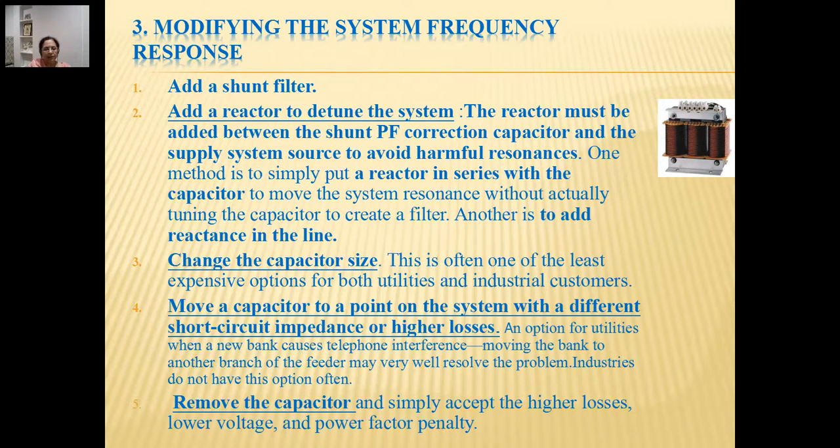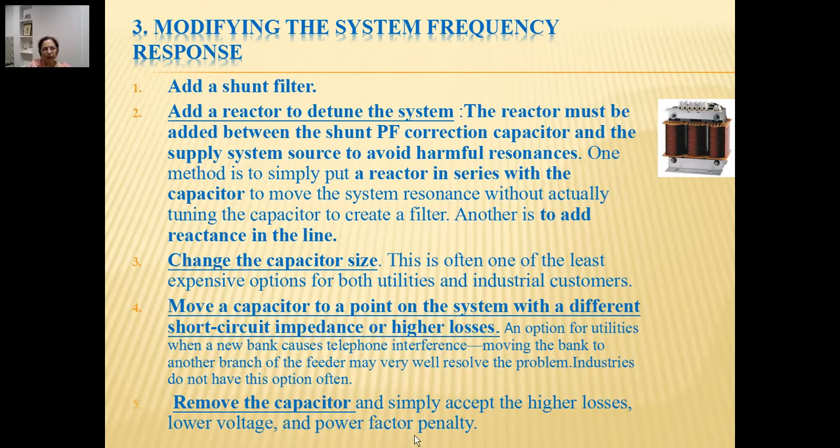In that case, removal of that capacitor can simply stop the problem of harmonic current circulation, but by removing the capacitor, we must accept the higher losses, lower voltage and power factor penalty, because these capacitors are mainly connected for improving the power factor, and they are used for locally giving the reactive power compensation.